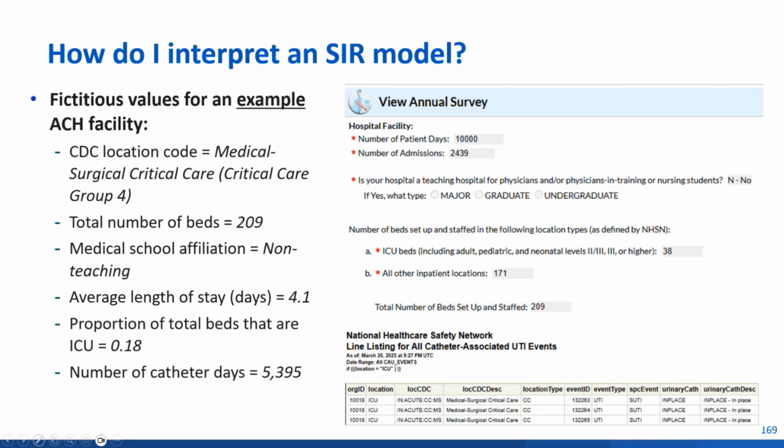And the facility is indicated as a non-teaching hospital for its medical school affiliation. It has an average length of stay of 4.1 days. And the proportion of total beds that are ICU is 0.18. The total number of catheter days for this unit is 5,395. Next slide, please.